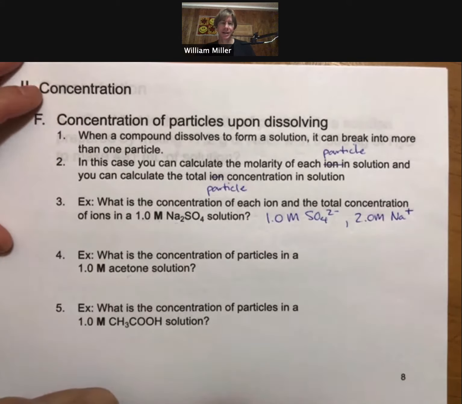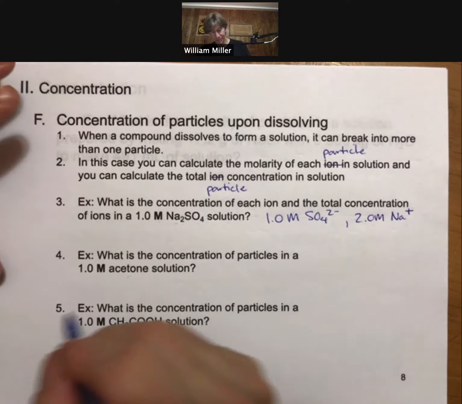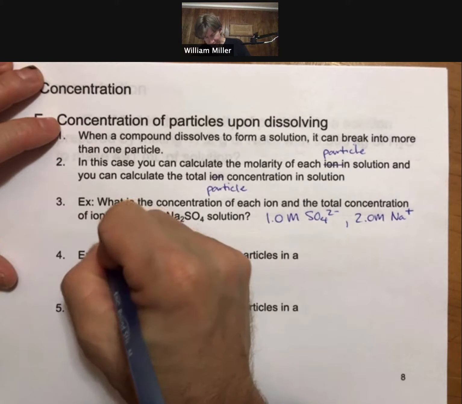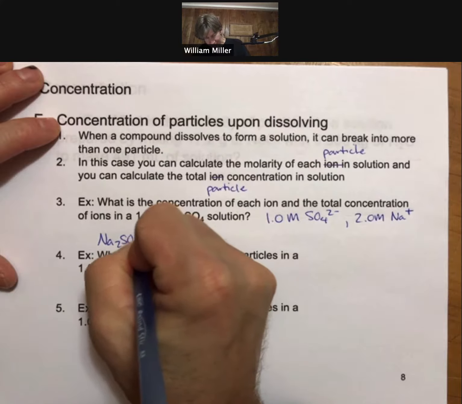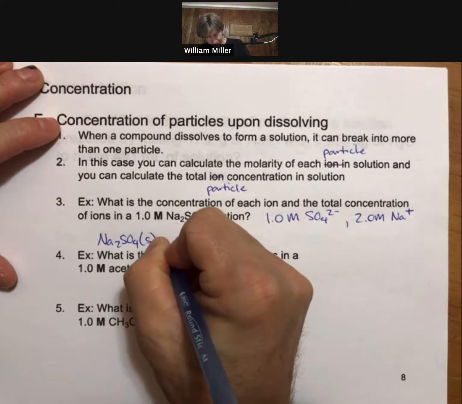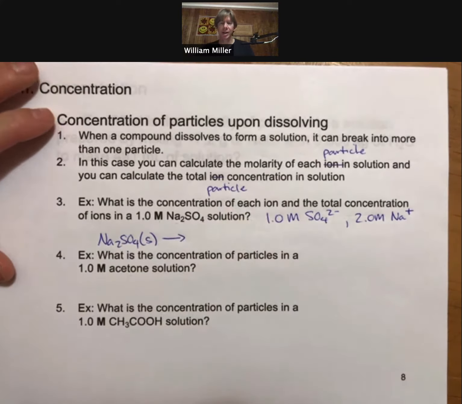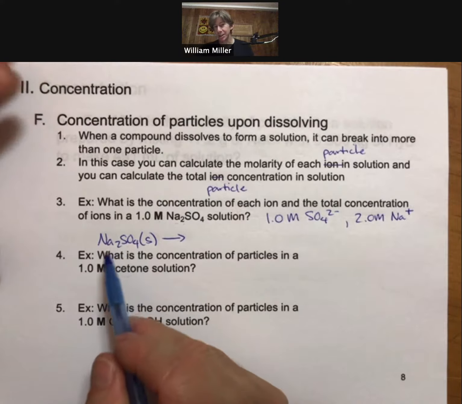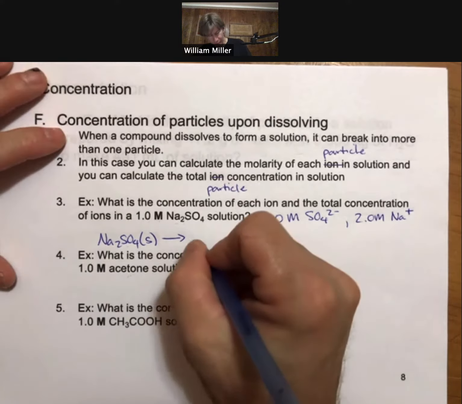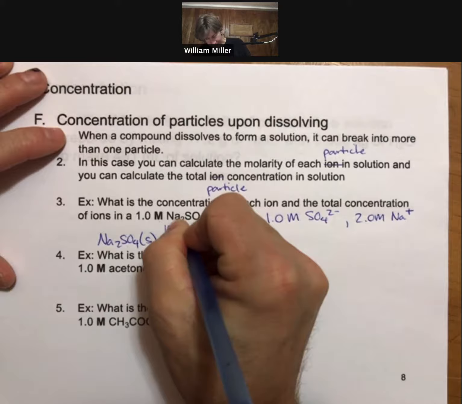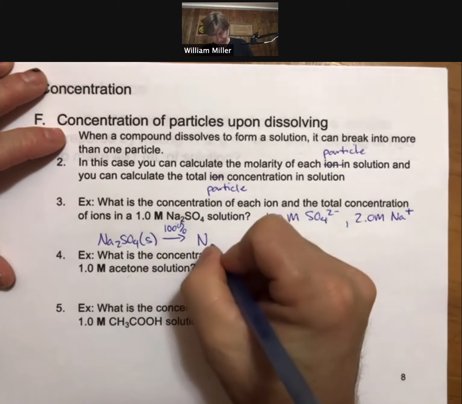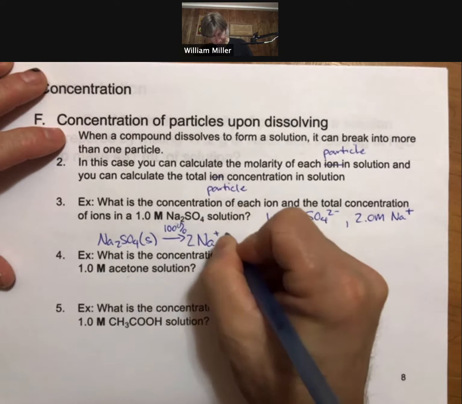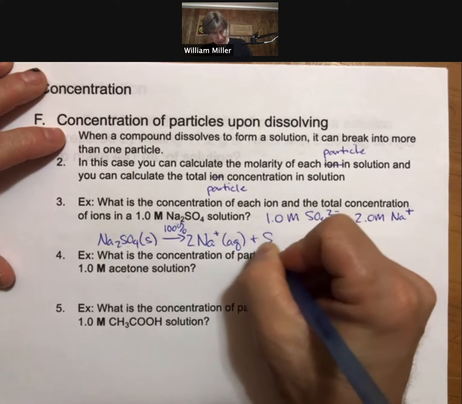of sodium ions. And you can see that if you look at the dissolving reaction. Sodium sulfate is an ionic compound, it is soluble, it is a strong electrolyte, it breaks up 100% into sodium, or two sodiums, and a sulfate.